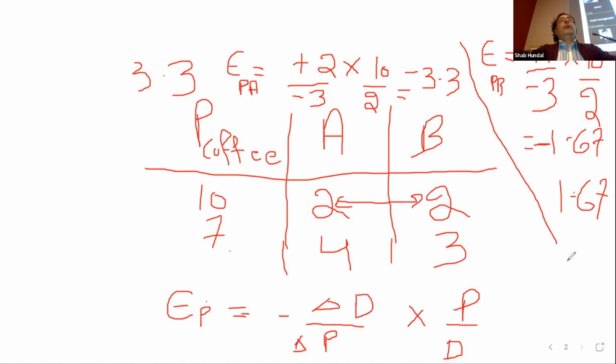So we are using mathematics, but the interpretation we are doing according to the law of economics. Does it make sense? Therefore, you need to take the absolute values, not the signed values.